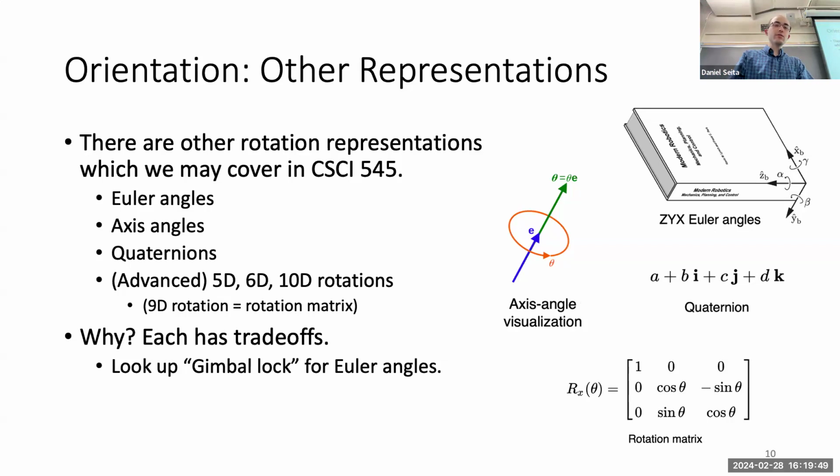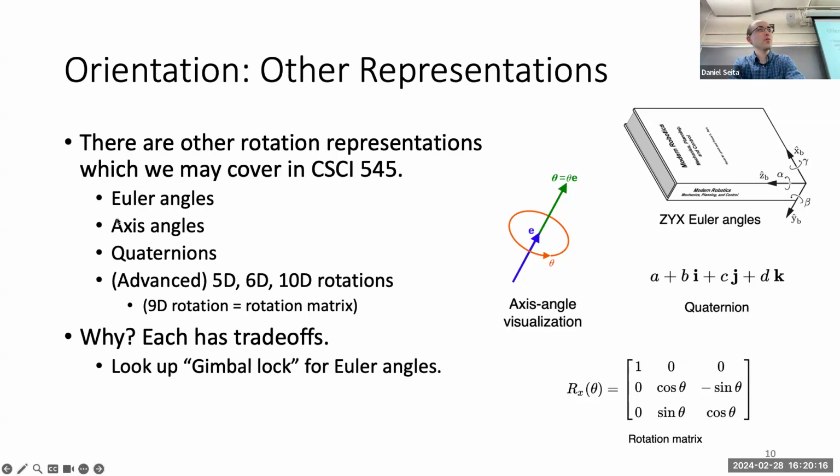There's axis angle, there's quaternion, and there are also more advanced 5D, 6D, and 10D rotation representations. I tried to visualize some of them here, but it's not always easy to visualize rotation. You can look at the 3Blue1Brown videos, where there are more examples of rotation visuals.